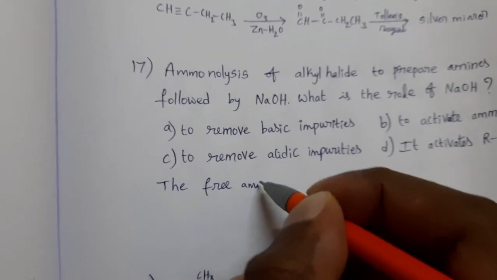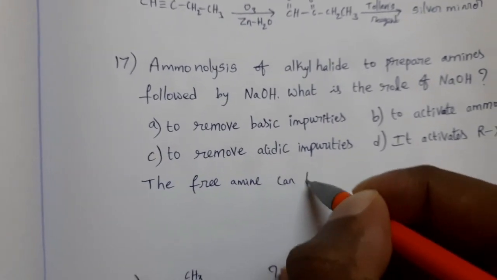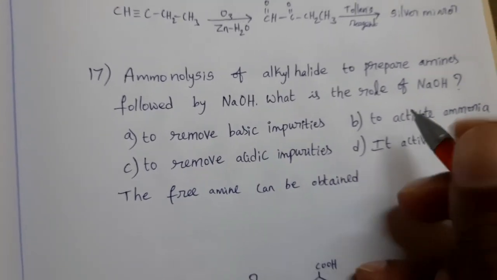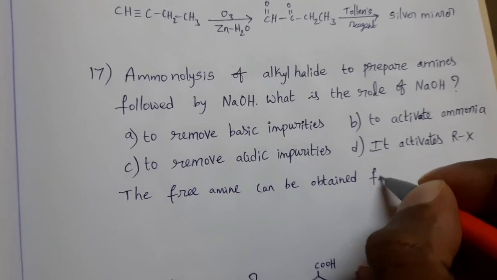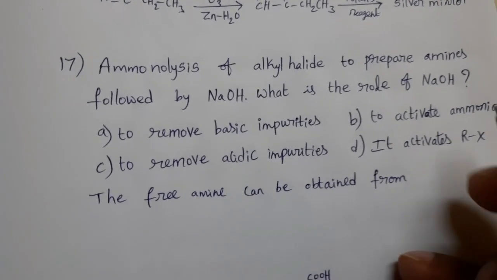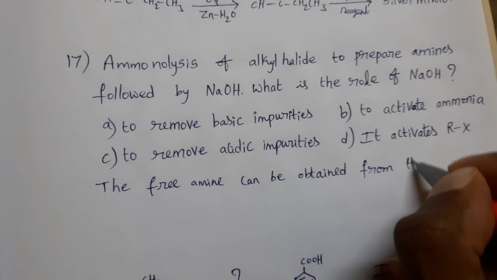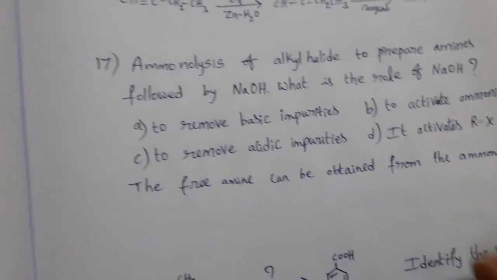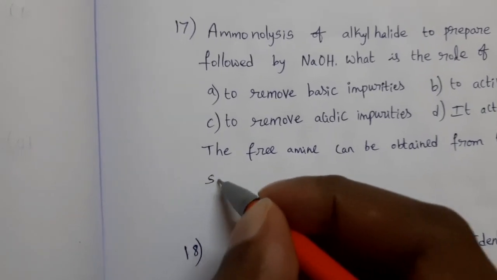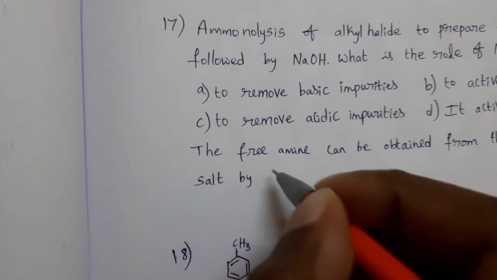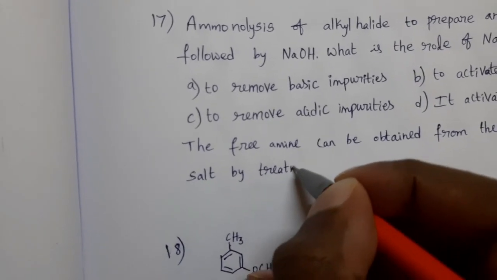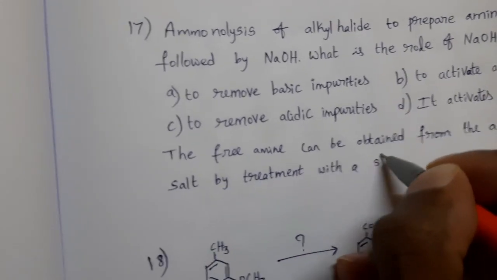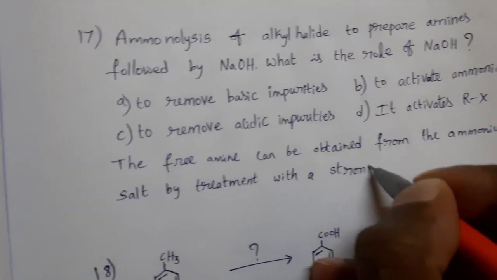The free amine can be obtained from the ammonium salt by treatment with a strong base.